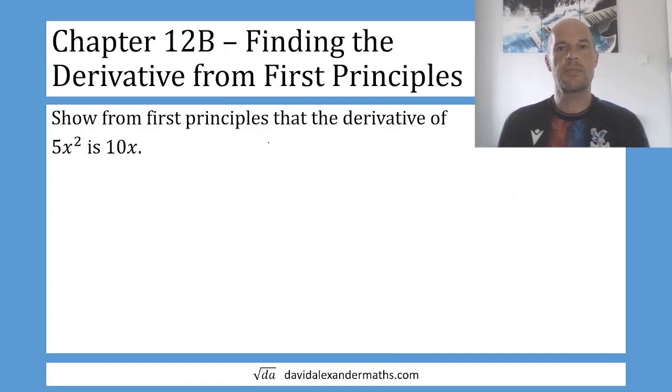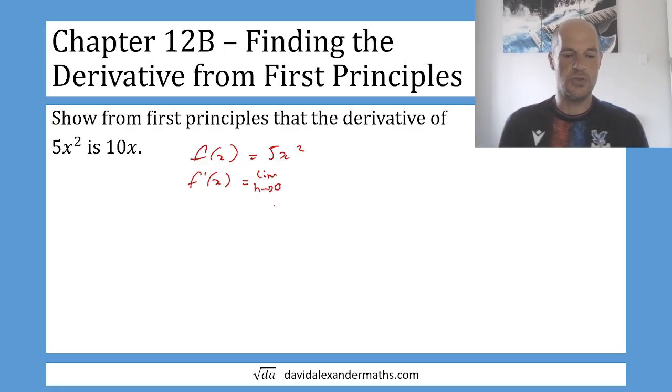Show from first principles that the derivative of 5x squared is 10x. Okay, so we know that the function of x is 5x squared. So our derivative, we'll write that as f dash x equals, and we need to remember that h, this tiny value that we're adding on, is tending towards 0.